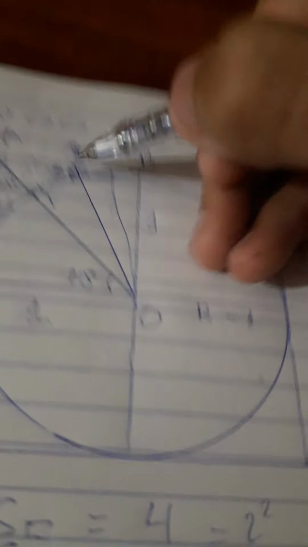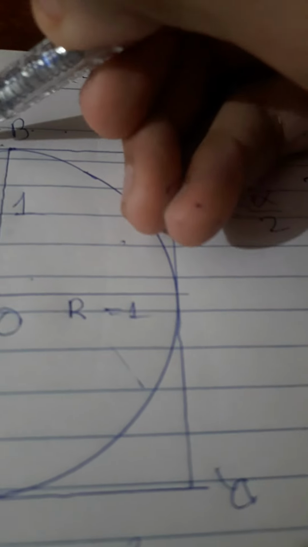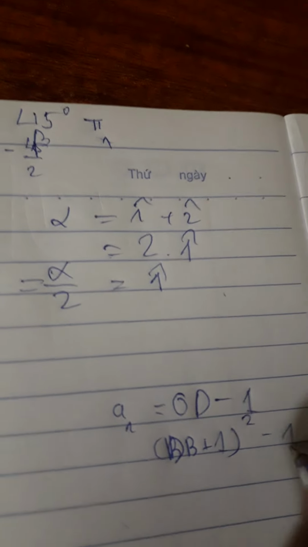And OD is just this using Pythagorean. We know that it's just DB plus 1 square, so it's just DB plus 1 square subtract by 1, and DB is just AB subtract by AD.